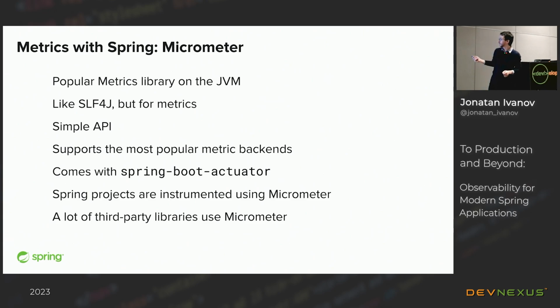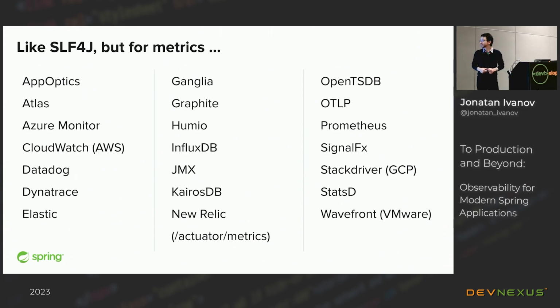So when we say that Micrometer is like SLF4J but for metrics, this is what we think about. These are all of the backends that we support as of today. And these are only the backends supported by the Micrometer team, which are in the Micrometer repository. There are other backends supported by the community that are not in the repository, so this is not even the full picture.